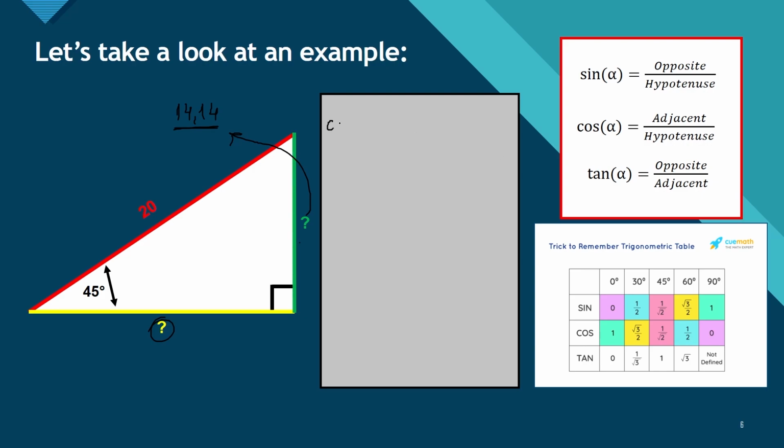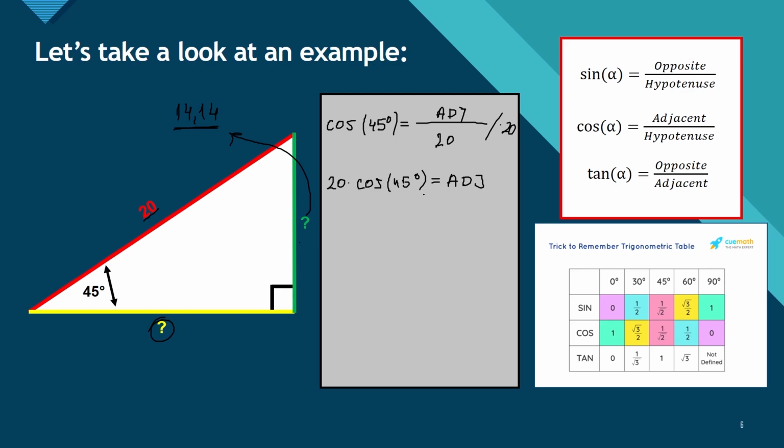So we have cosine of 45 degrees is equal to the adjacent side divided by the hypotenuse, 20. Again, let's multiply by 20. So we get 20 times the cosine of 45 degrees is equal to the adjacent side.